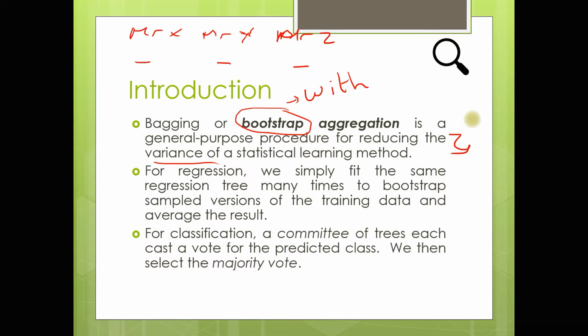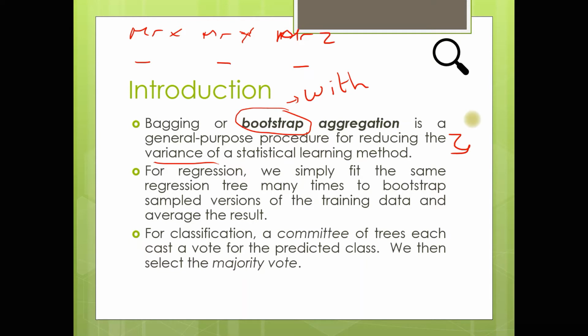For a regression setting, because you have different predicted results, what you would do is an average of all the results. For the case of classification, you will have a committee of trees which will cast a vote for a predicted class. Right? A committee of trees will cast a vote for a predicted class.